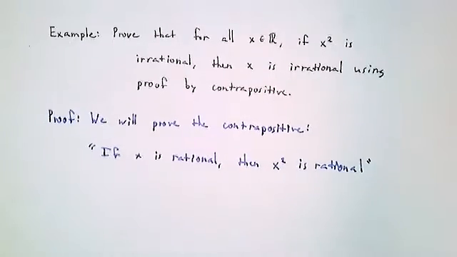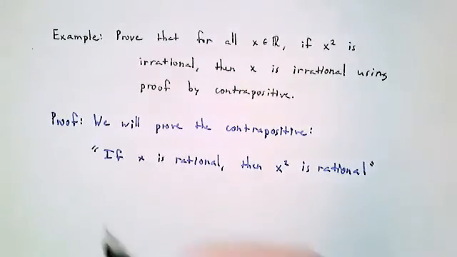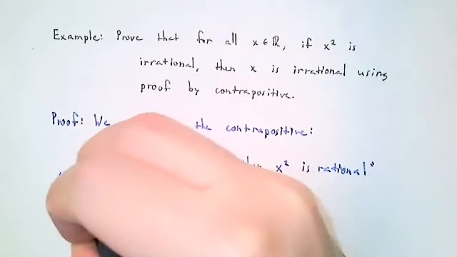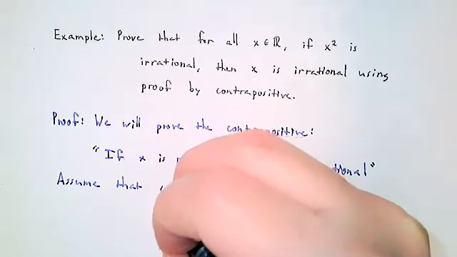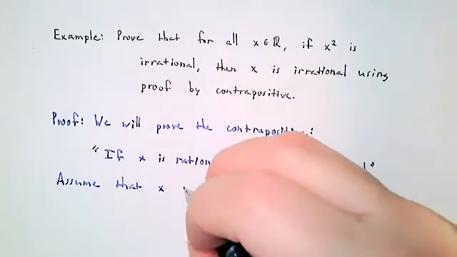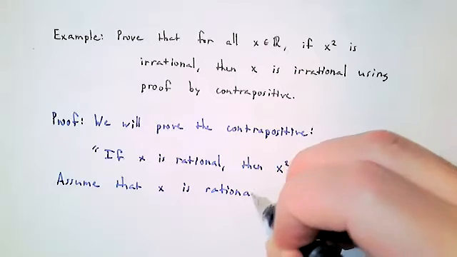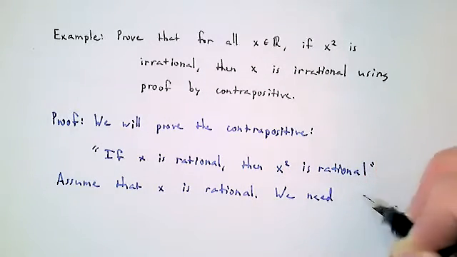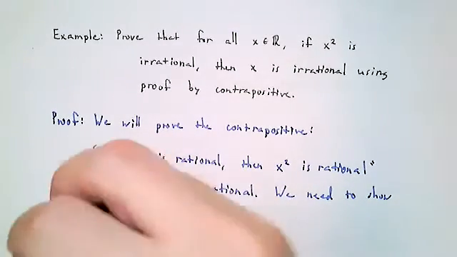So that means we need to assume this part. We need to assume that x is rational. And then we need to show that x squared is also rational.